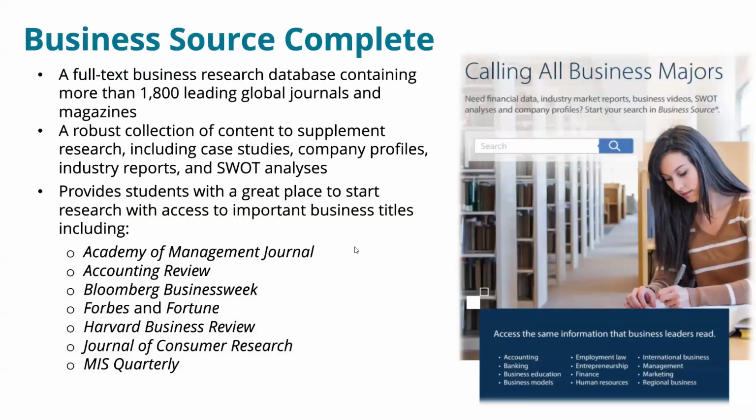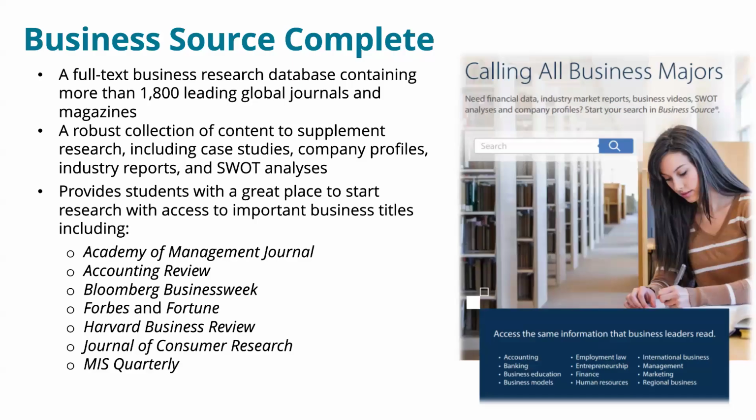And you have upgraded to our business database, Business Source Complete, which contains more than 1,800 leading global journals and magazines, a collection of other content, including case studies, company profiles, industry reports, SWOT analyses.